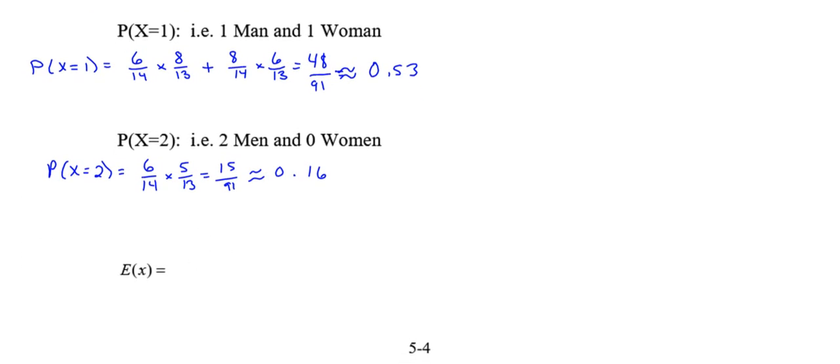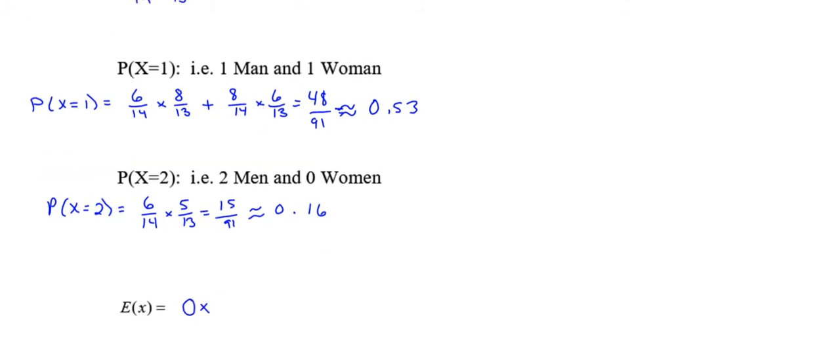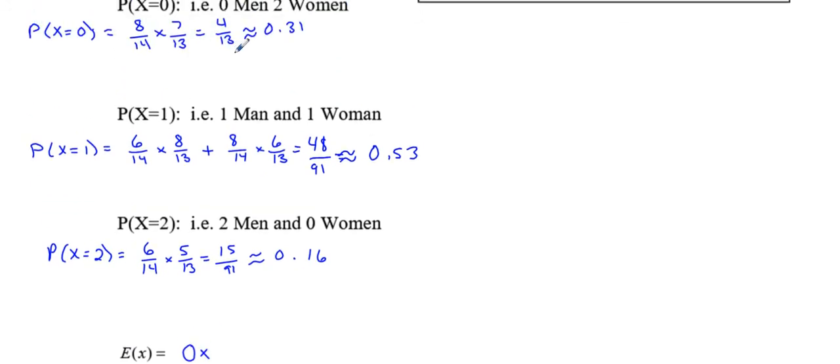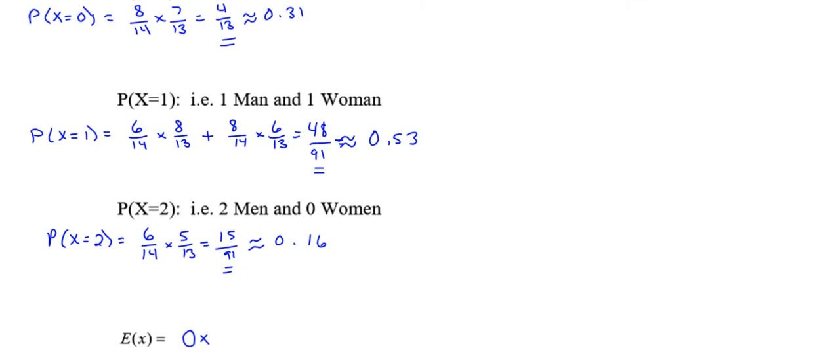So remember, for expected value, you were looking at the first outcome, which is 0, times its probability, and make sure you use the fraction and not the decimal, because the decimal was rounded. So you have to use the fraction. So the outcome of 0 men had a frequency of 4 over 13. The outcome of 1 man had a frequency of 48 over 91.